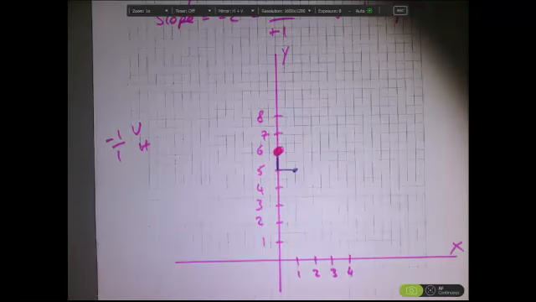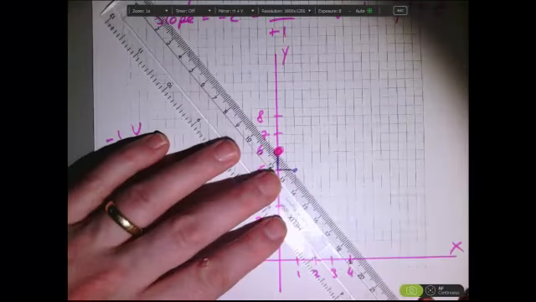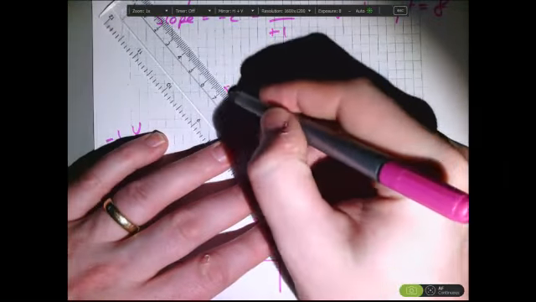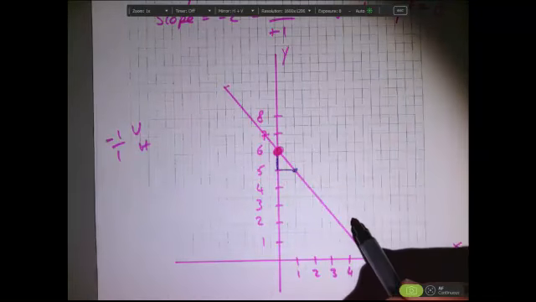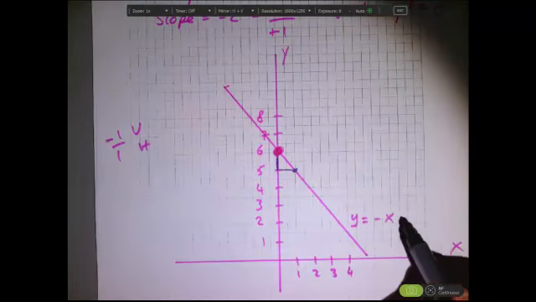Now that I've got my start point and my finish point, a line goes through them. And this line is the line y is equal to minus x plus 6.